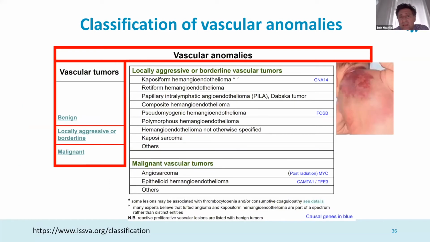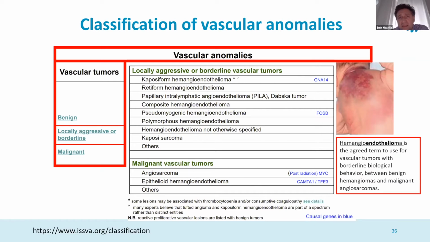The locally aggressive or borderline vascular tumors are called hemangioendotheliomas. That is the agreed term to use for these locally aggressive or borderline vascular tumors, and they are various. The most common is the kaposiform hemangioendothelioma, and these tumors are, by their name, already characterized as locally aggressive or infiltrative. So they do not respect tissue borders and go through the tissue borders.